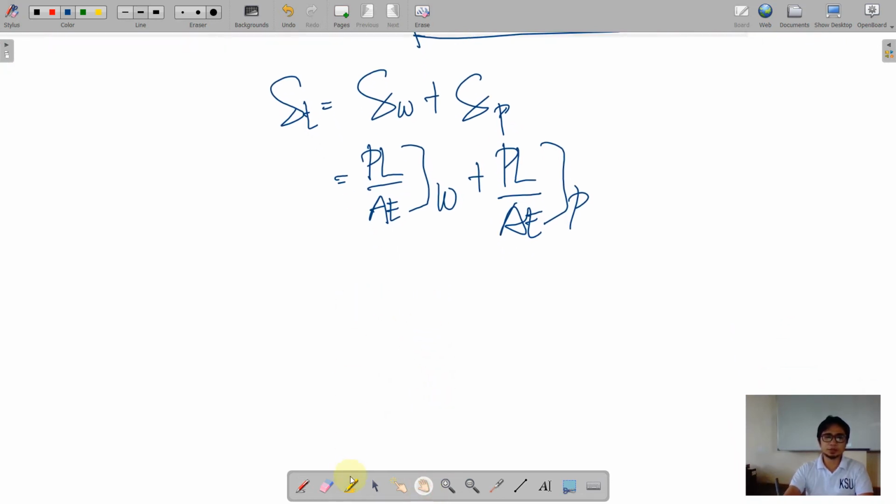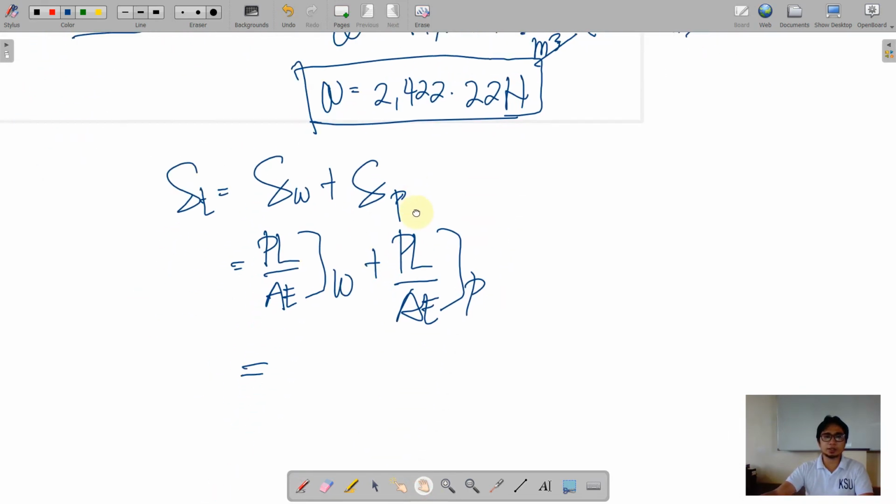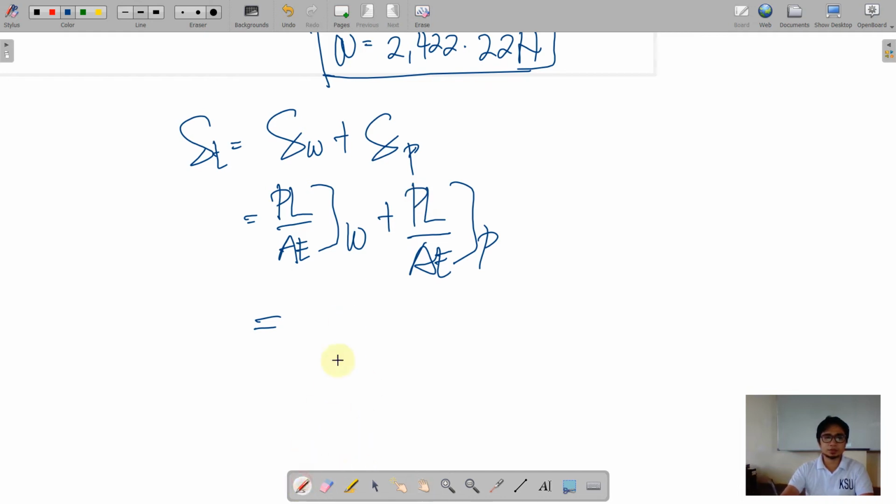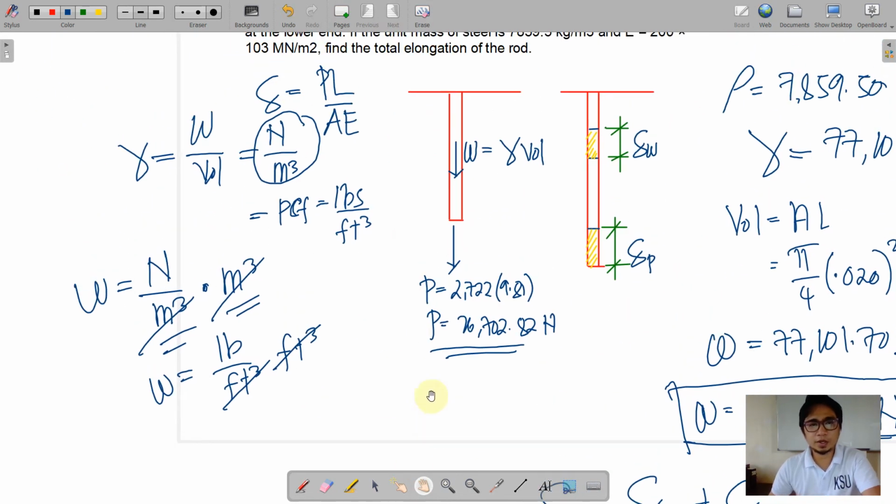Okay, substituting the values, the computed weight here, or the self weight of the bar, is 2,422.22. So we shall multiply it by the length. What is the length involved here?